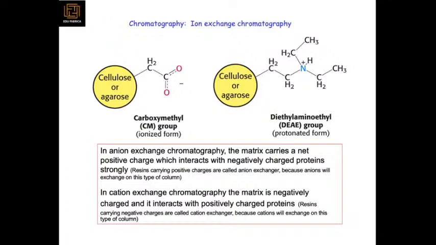So the same thing is being repeated. There is a carboxymethyl group. There is a diethylaminoethyl group. Both could be used for it. And in anion exchange and cation exchange chromatography, the matrix is accordingly positive and negative respectively.